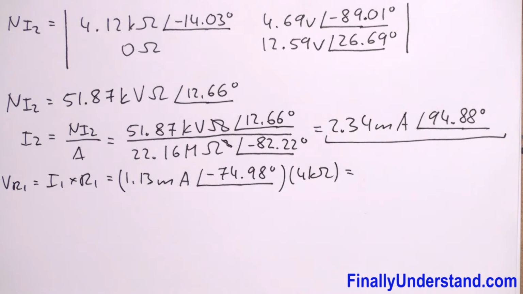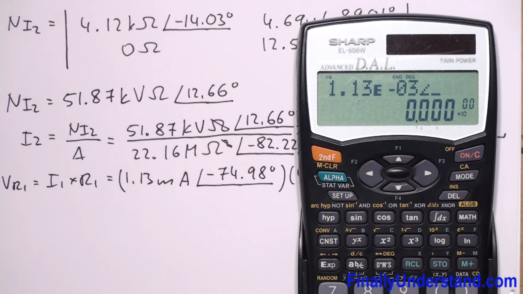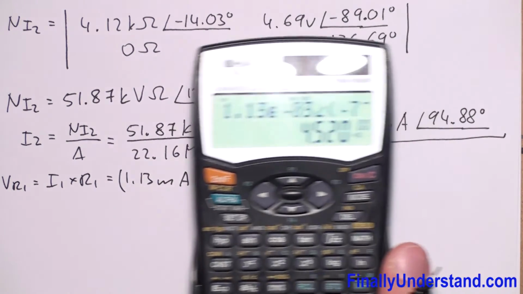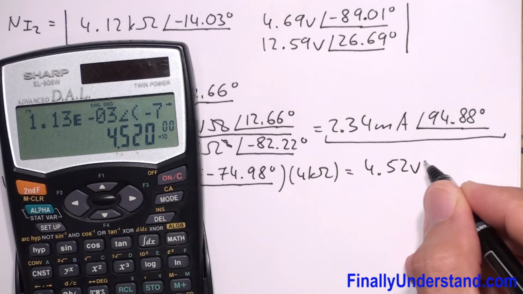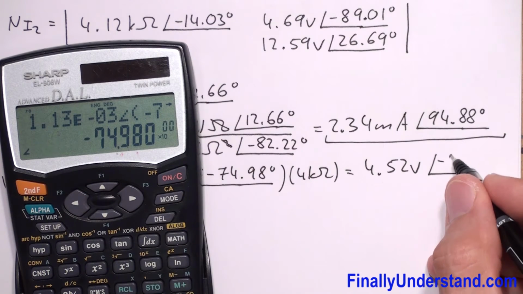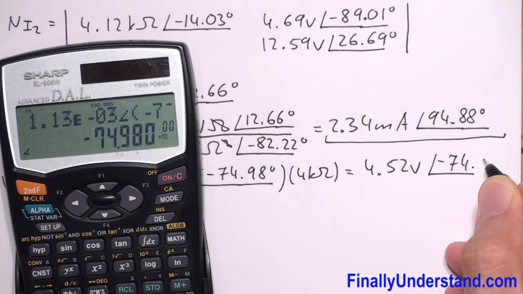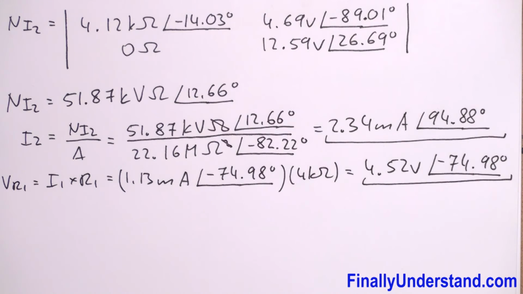So this is equal 1.13 exponent 3 negative angle of 74.98 negative times 4 exponent 3, which is equal 4.52 volts and angle of negative 74.98 degrees. So this is my voltage VR1.